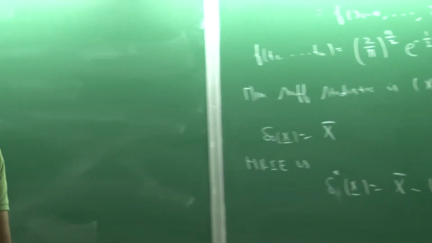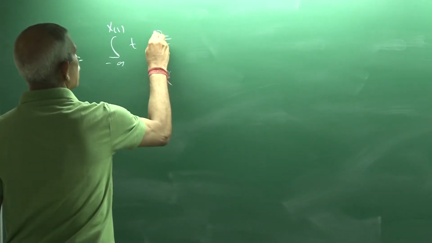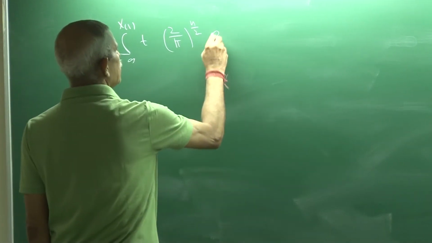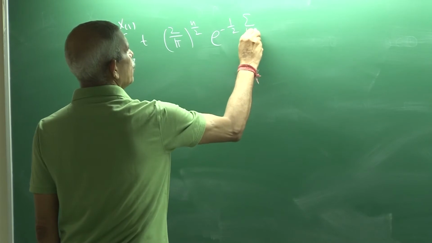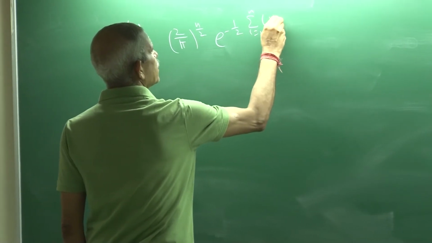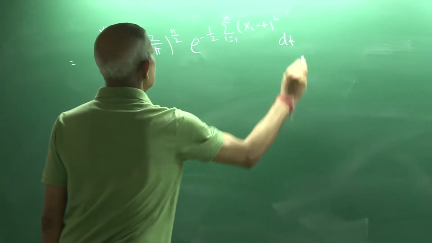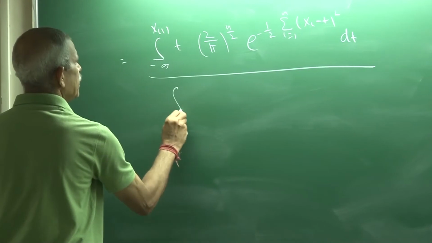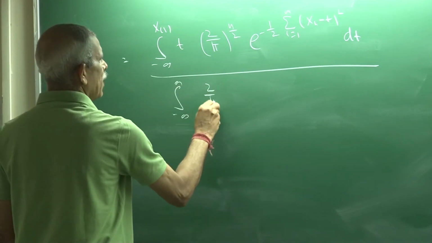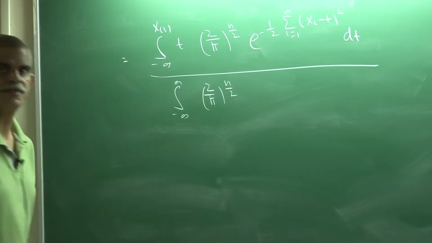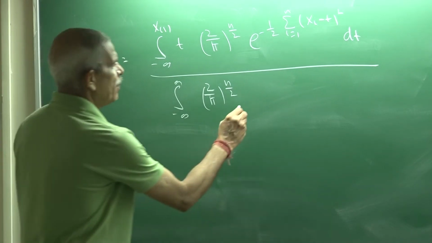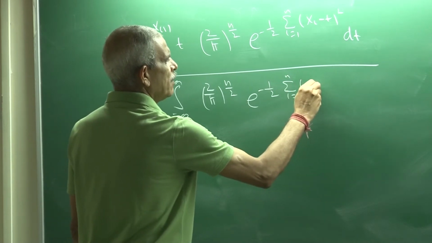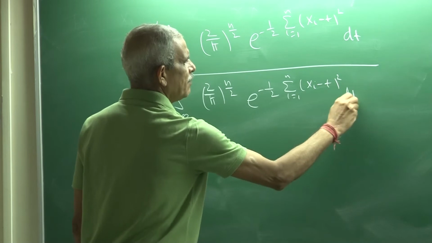So that is same as (2 by pi) to power n by 2, e to power minus half summation i equal to 1 to n of (xi minus t) whole square dt, divided by the integral from minus infinity to infinity of (2 by pi) to power n by 2, e to power minus half summation i equal to 1 to n of (xi minus t) whole square dt.